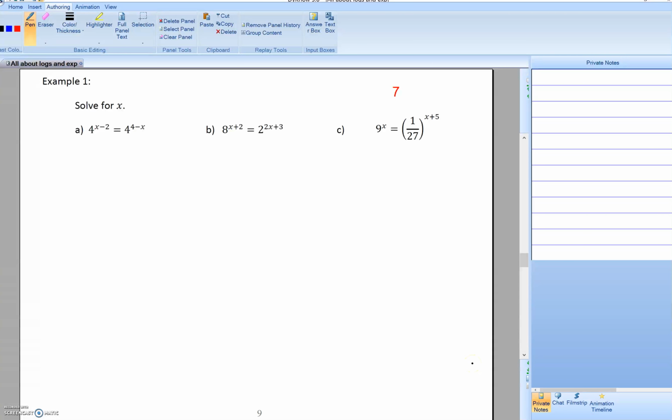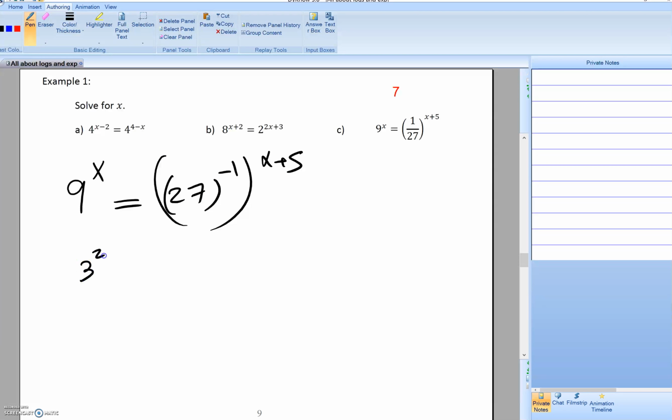So for this one I want to solve for x, and I can make the bases the same. This is category 7, so I want to find x, but I will make all the bases the same because I can. If I cannot, I just do log or ln of both sides, and I use all the rules. So for example, 9 power x is 27 power minus 1, and then power x plus 5.